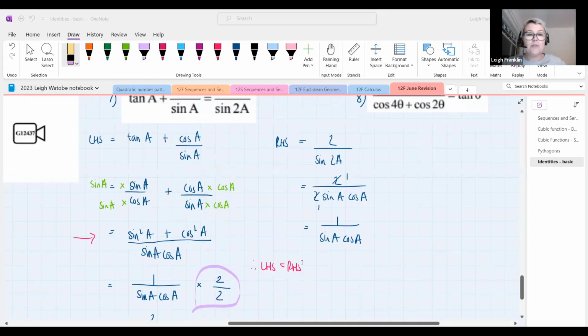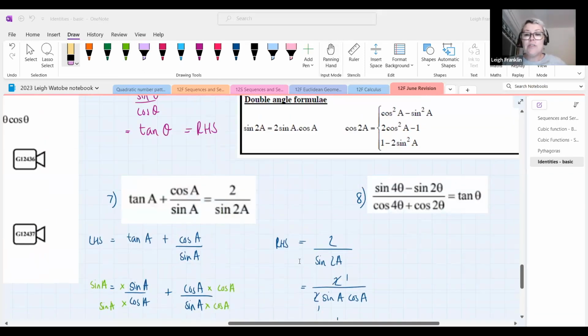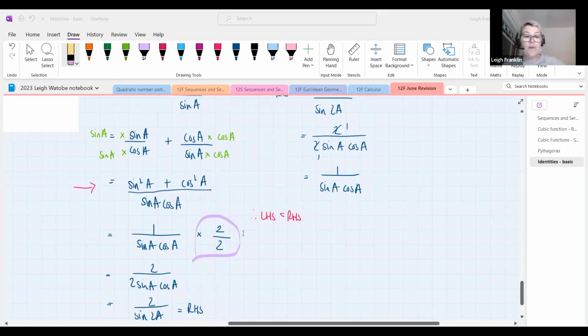Right. Okay, so we've got just under 10 minutes left. Leanne, ma'am, please explain the part where we multiply with 2 over 2. Okay, so Leanne, just to go through that again, if you have a fraction and you multiply it by 1, which is what 2 over 2 is, you're not changing the value of that fraction. So you're allowed to do that.